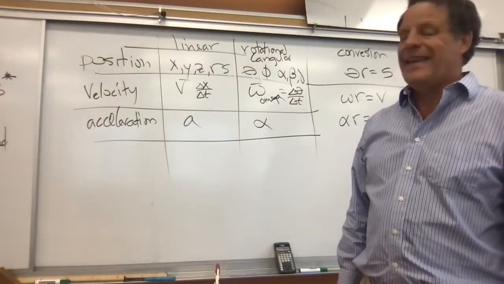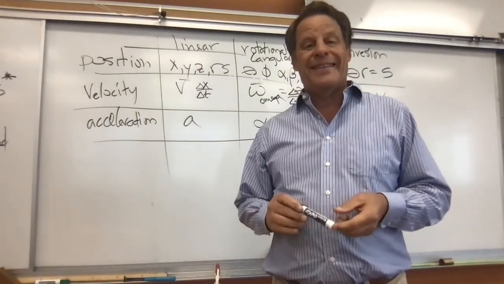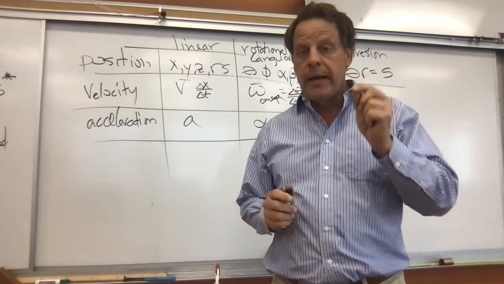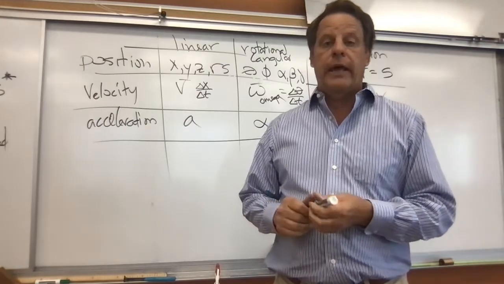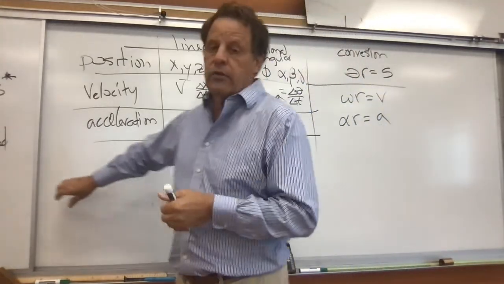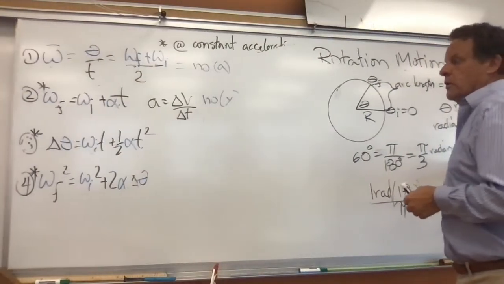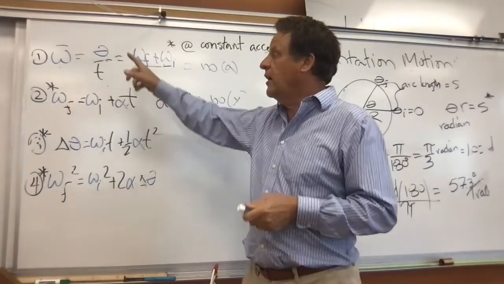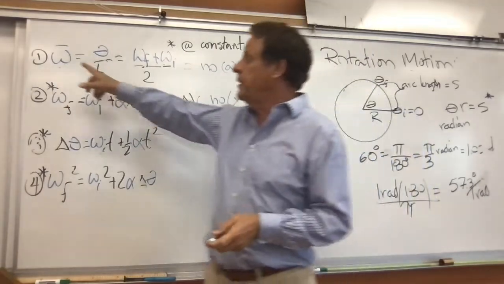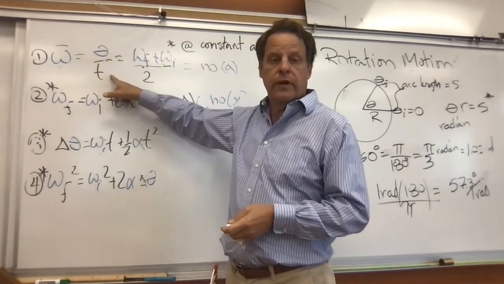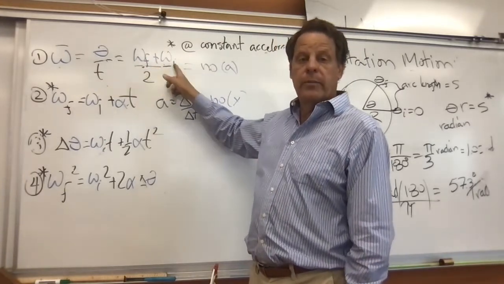In that case, we are going to go back and talk about the same kinematic equations that we had linearly, as we have rotationally. So I'm going to slide these over. What I did a few minutes ago is we talk about our four regular kinematic equations from linear, which would have been average velocity is equal to distance divided by time, which for a constant acceleration would be v final plus v initial divided by 2.